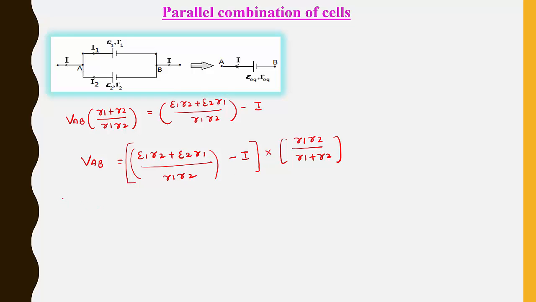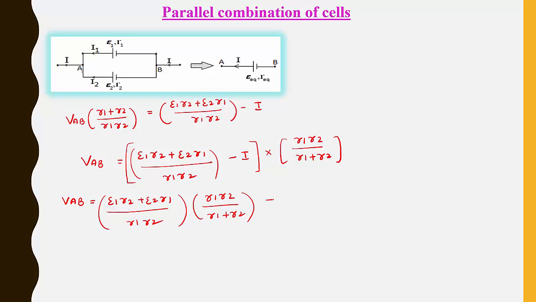Or we can individually multiply: VAB equal to E1 R2 plus E2 R1 divided by R1 R2 multiplied by R1 R2 divided by R1 plus R2. Then the next part, minus I into R1 R2 divided by R1 plus R2, where R1 R2 by R1 plus R2 is multiplied individually.